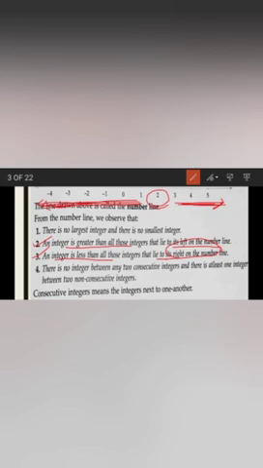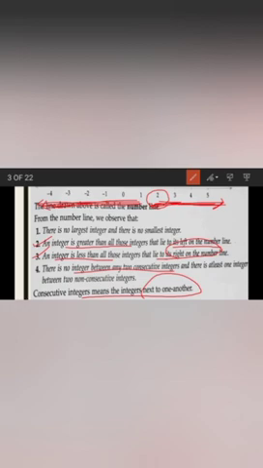Now next observation, there is no integer between any two consecutive integers. So here just observe what is the meaning of consecutive. Consecutive integers means integers next to one another. So here after 2, the next integer is 3. So there is no integer between 2 and 3.